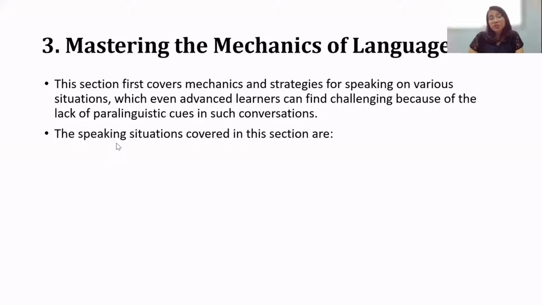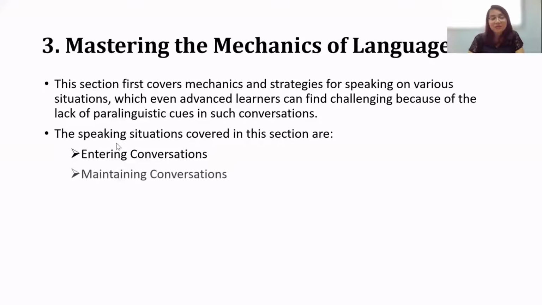And the speaking situations covered in this section are, first, entering conversations, number 2, maintaining conversations, and number 3, exiting conversations. It's like start it, maintain it, and end it. So there are three steps, right? There are 3 phases of a conversation. We start or enter, and then we maintain or keep the flow, and finally we need to end it.